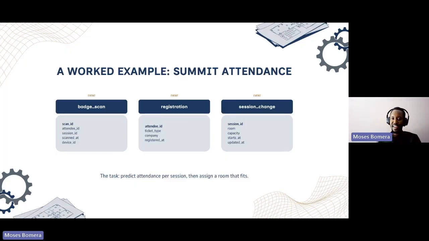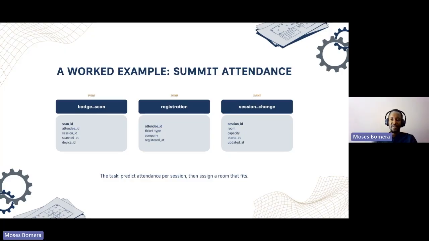The objective of what we're trying to do is predict if the size of the room is sufficient for the people that might attend. Say we plan, let's say this room will take 40 people, and it will have this particular talk happening.